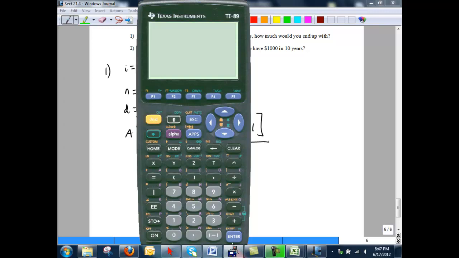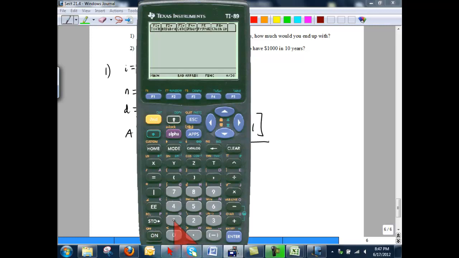Some of you may have a graphing calculator such as a TI-83 or TI-84 or perhaps a TI-89. On each of the graphing calculators, the keystrokes are going to look something like this. If you just have a scientific calculator or a calculator on your phone, it'll probably work a little differently, and I could help you out individually, but I can't demonstrate all possible models. All of the TI graphing calculators would look something fairly similar to this.